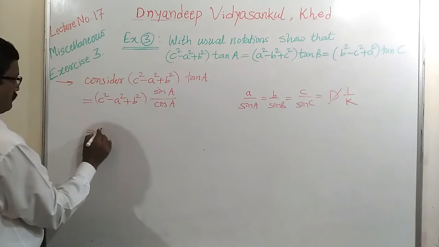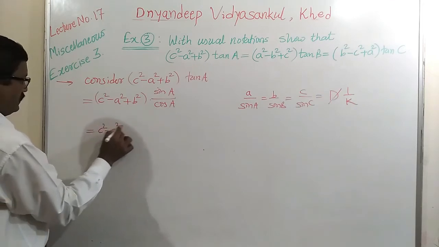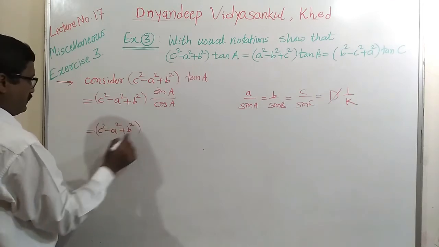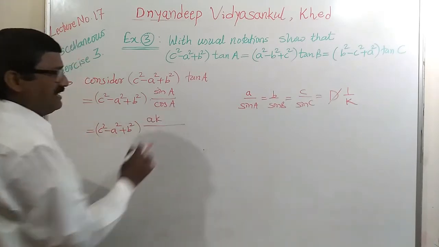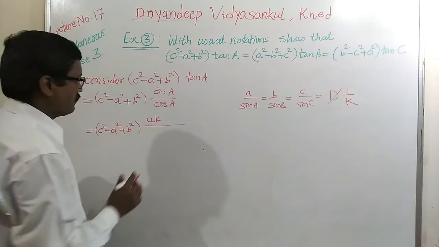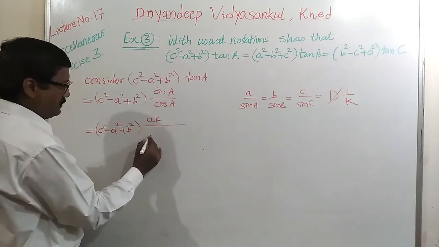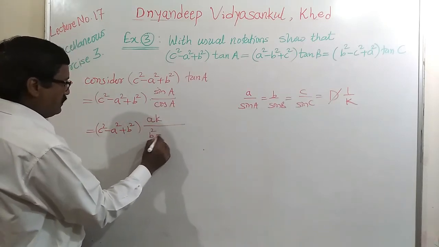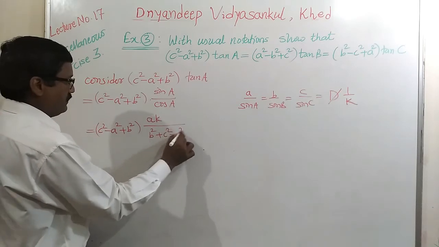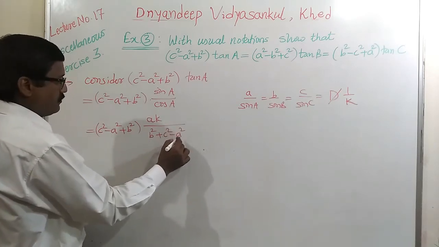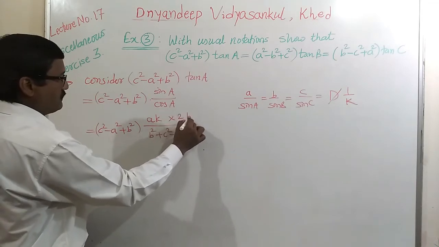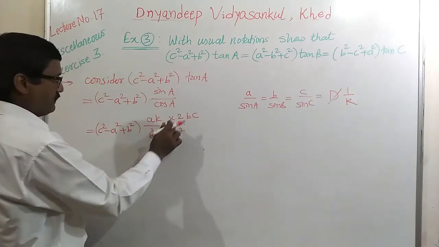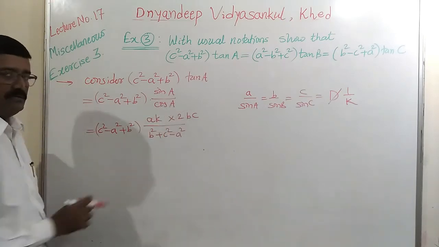So it is equal to (c square minus a square plus b square) into aK upon cos A. You know the cosine formula is that cos A is equal to (b square plus c square minus a square) upon twice bc. That twice bc becomes the numerator, since I have written the denominator of the denominator as numerator.